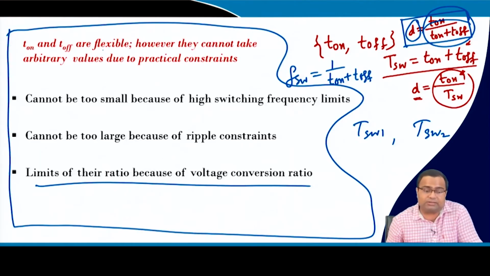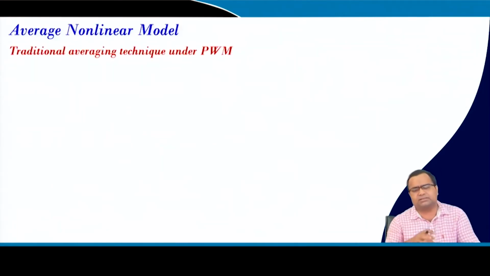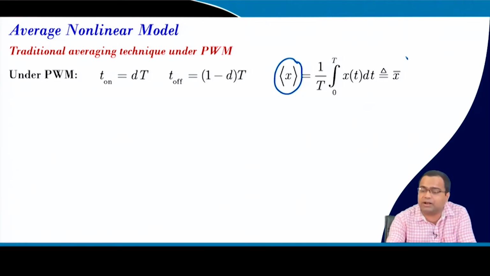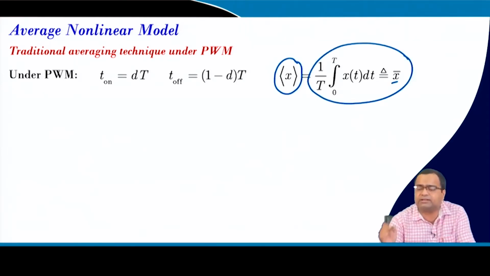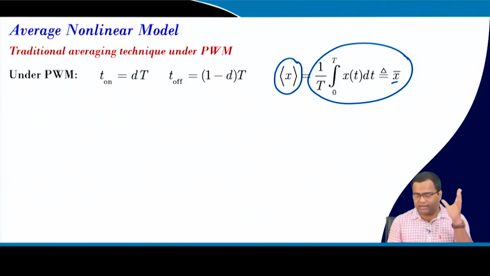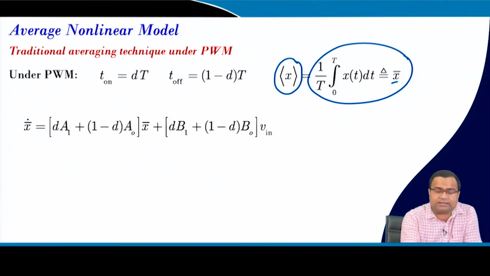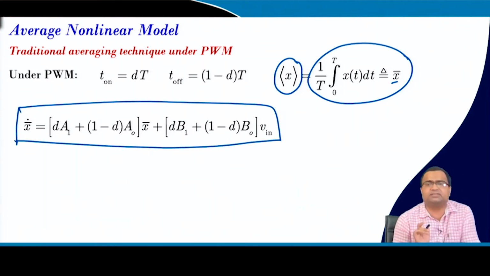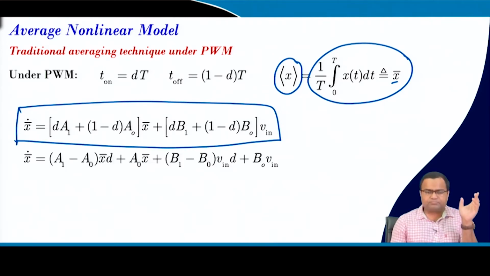Now, we are talking about the average dynamics, and we have discussed a lot of average models, state space averaging, circuit averaging, where we have considered the average quantity of anything over a time period, and we denoted this as x bar. It can be inductor current, output voltage, a state variable. So, we can write the average dynamics of any DC-DC converter in terms of this. This is standard for PWM.